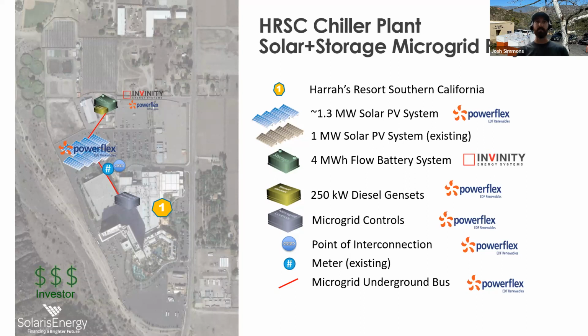Fortunately, they haven't been occurring with as much frequency as a few years ago, when communities were losing power for days and sometimes weeks at a time during red flag events where the heat is high, the winds are blowing, and the utilities are de-energizing the grid to reduce the risk of wildfire. At the same time, whole communities are losing access to power, to resources, to services in rural and remote areas, and predominantly tribes are out in rural and remote areas.